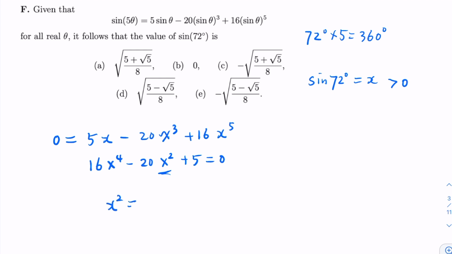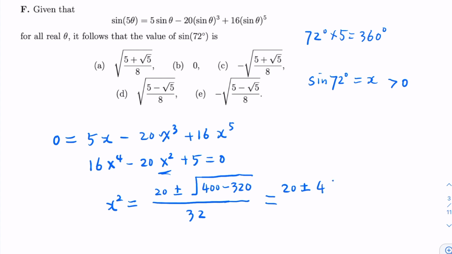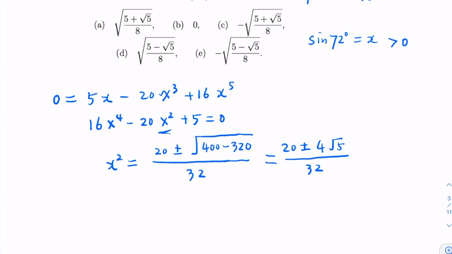So x squared is going to be 20 plus or minus the square root of 400 minus 320, over 32. That's the square root of 80, which is 4 square root of 5. So we get x squared equals, cancel 4, 5 plus or minus square root of 5, over 8.